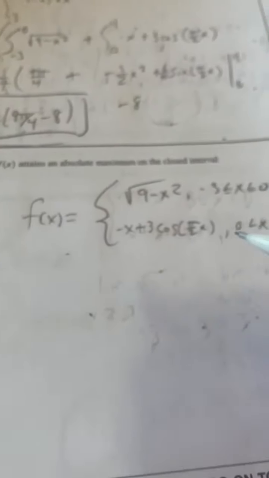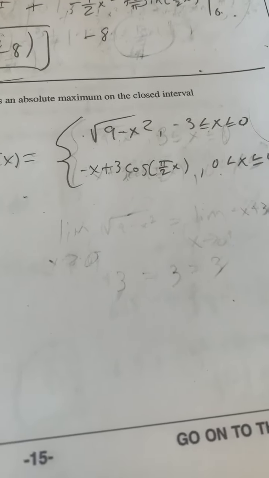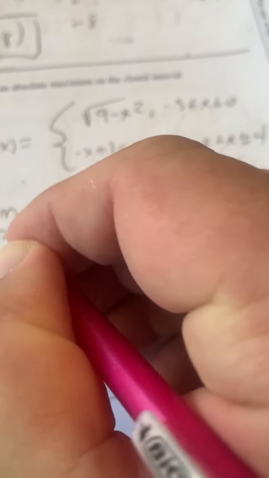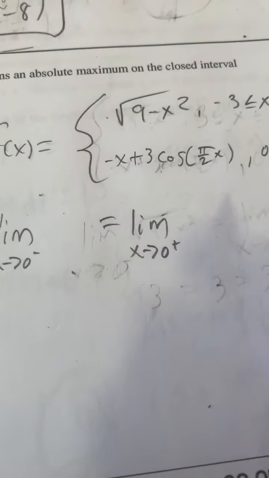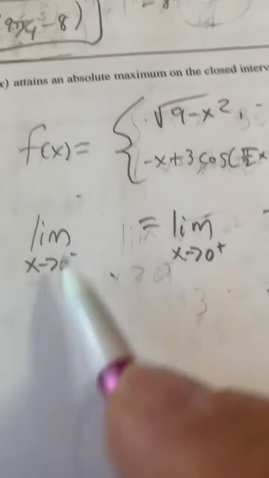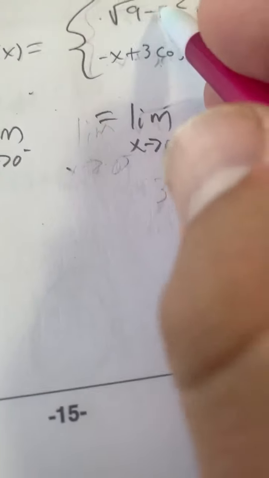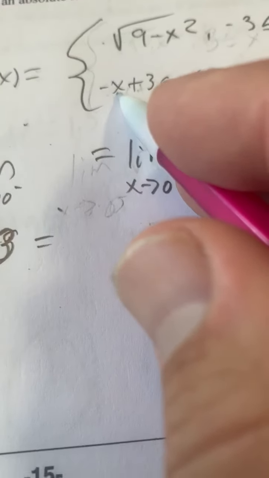I would just plug a 0 into here and a 0 into here, and see if you get the same thing. Technically, mathematically, you have to make sure the limit as we approach from the left is equal to the limit as we approach from the right, and that is equal to the function value. The limit from the left, we would just plug a 0 into there. If I plug a 0 into there, I get out a 3. Limit from the right, I plug a 0 into here, so that'd be obviously 0.